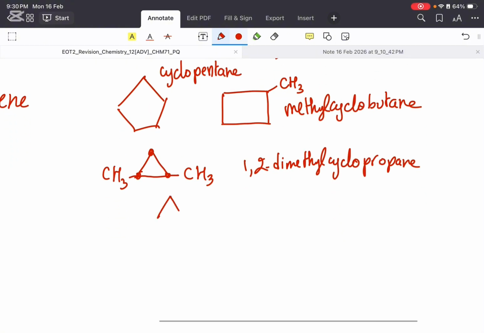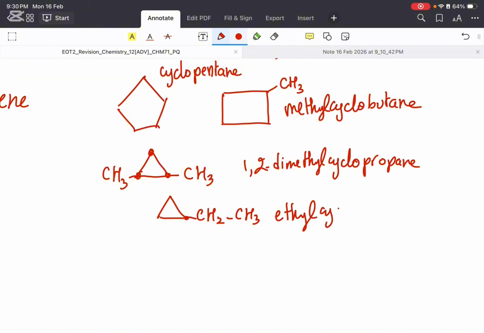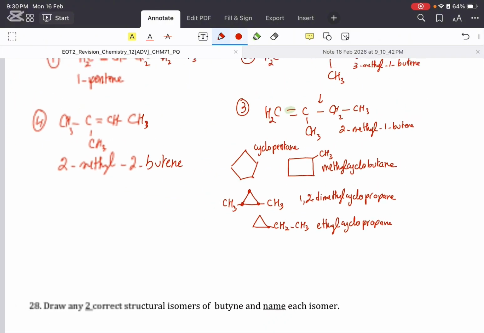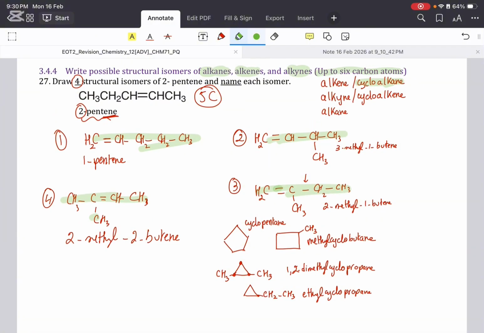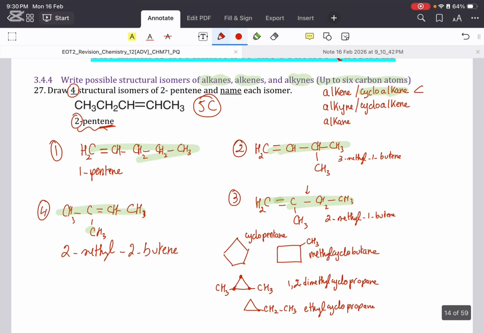Or you can make a cyclopropane, but instead of having 2 methyl on it, why not have 1 ethyl on it? So that's an ethylcyclopropane. So here you are making more and more options. Whenever they give you alkene, it's easy. You either go for making different structures or draw cycloalkanes to do it. Okay?